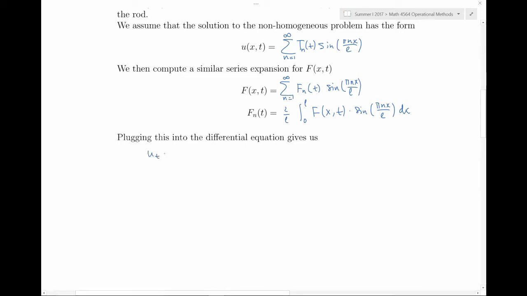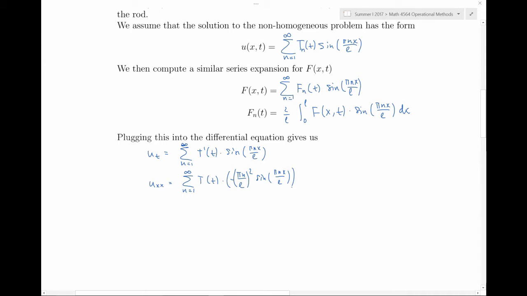So u_t is just the time derivative of the series, and I'm going to assume that this time derivative is going to be the summation as n goes from 1 to infinity of T_n prime of t times sine of pi n x over L. u_xx is going to be derived with respect to x, so it's going to be the sum as n goes from 1 to infinity of T_n times the second derivative of sine, which is negative pi n over L squared times sine of pi n x over L.